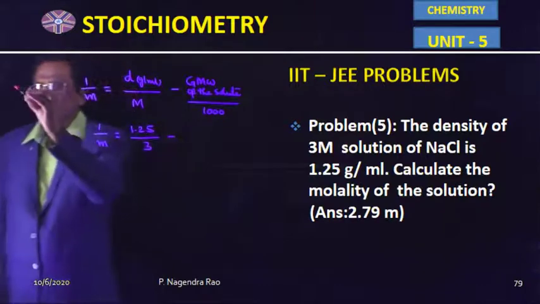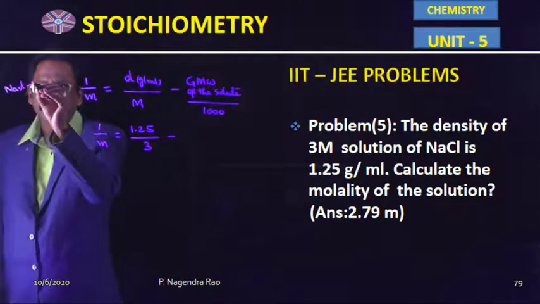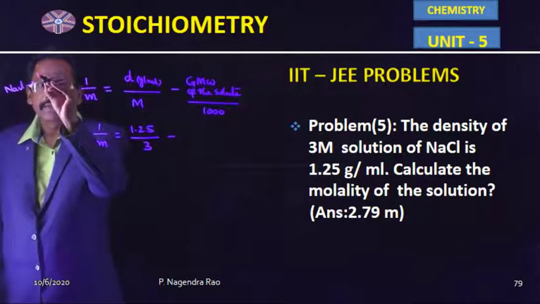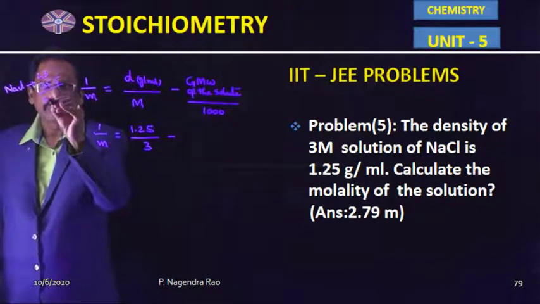Here the solute is sodium chloride. Sodium chloride gram formula weight is 23 plus 35.5, that is equal to 58.5.